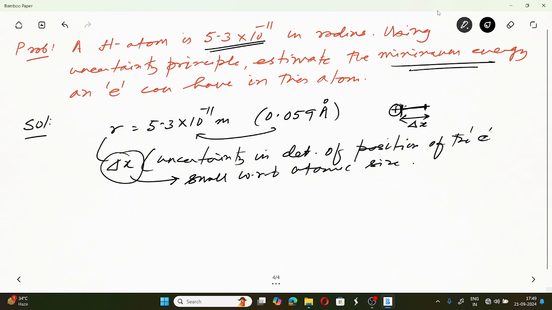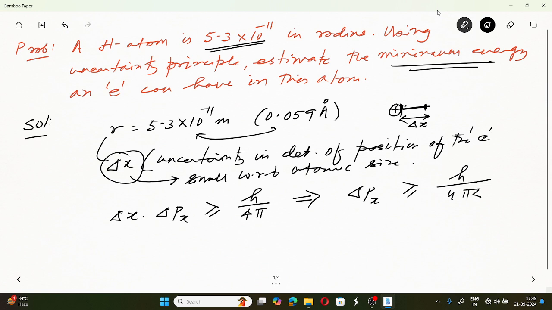Now, in terms of energy, if you write this equation, delta x delta px greater than or equal to h by 4 pi, from here we can find out the value of delta px greater than or equal to h by 4 pi delta x.